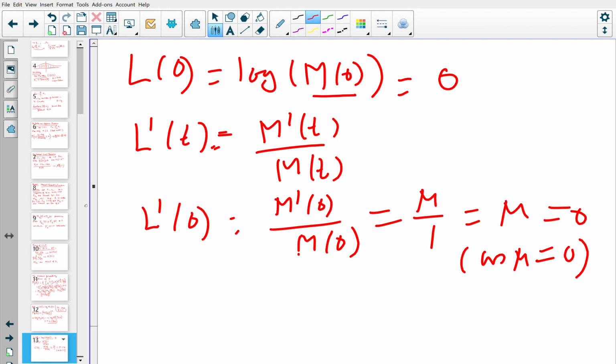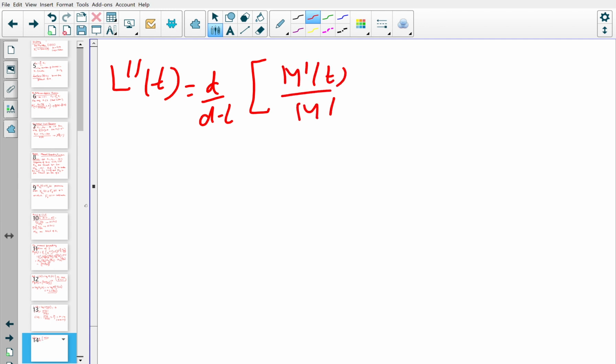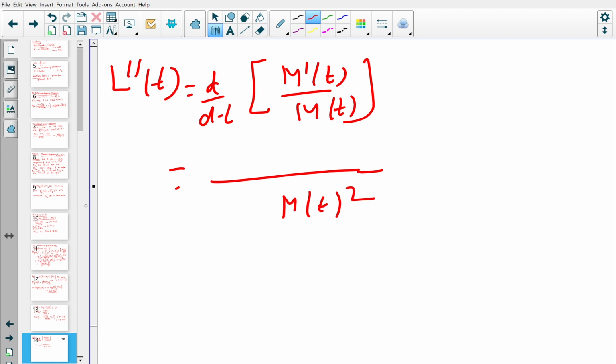Now what is L double dash? Try to do it first, then we will understand what is happening. So L double dash of t will be d/dt of m dash t over m t, right? So this is m t whole square in the denominator, and the derivative of the first, m double dash t into m t minus m dash t whole square, right?